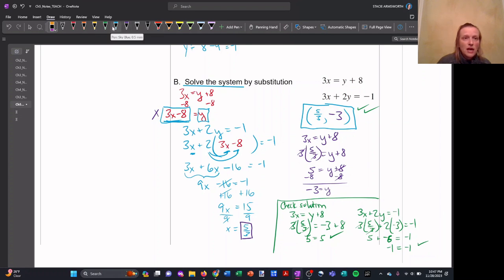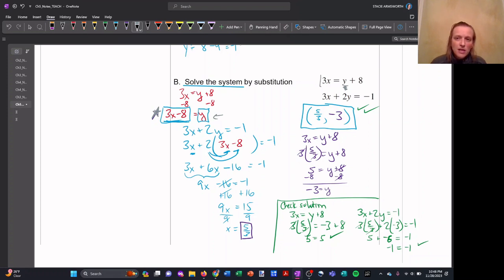At the very first step, we said that we needed to solve this equation for y, and then we rewrote the equation for y over here. There is a simpler way because you don't actually have to solve for just a variable. You can solve for an expression instead.